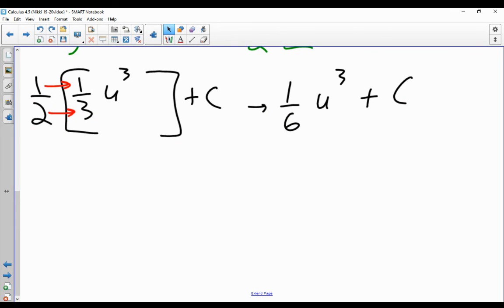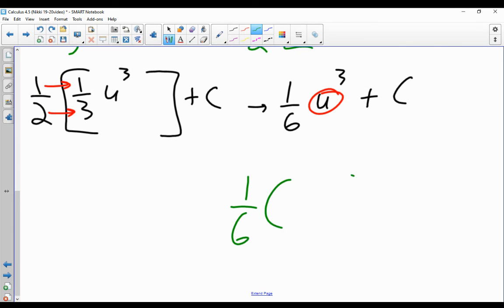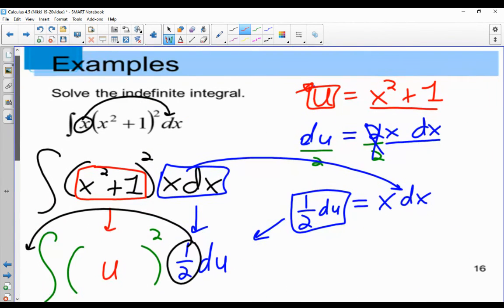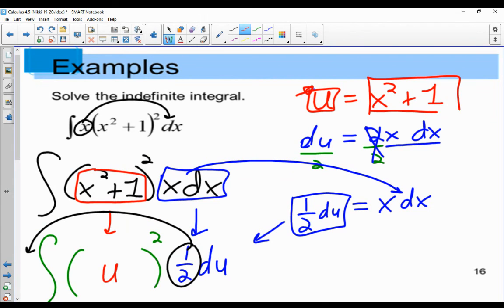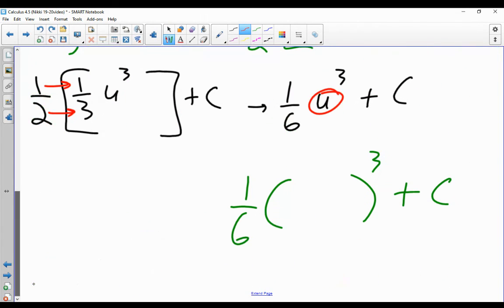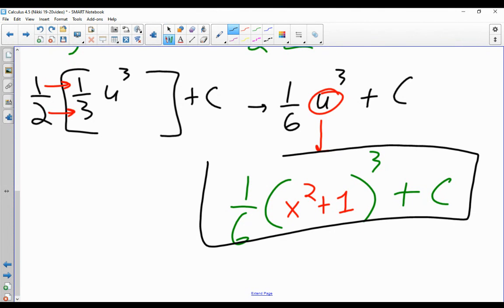But now, officially, the antiderivative is done, so I don't need this u anymore. I can replace it with its original function. And what was its original function? The original u was x squared plus 1. So replace the u back with x squared plus 1. And that would be your antiderivative.